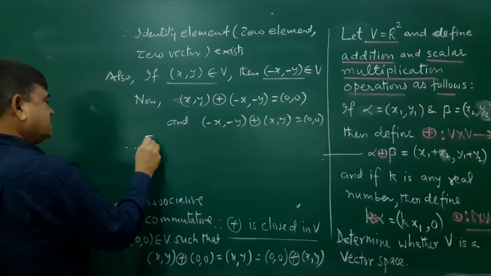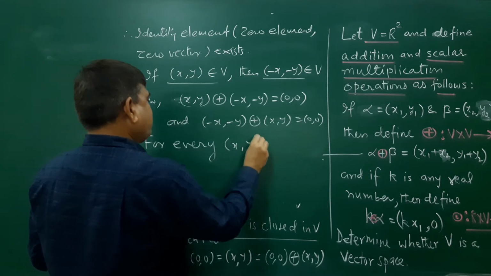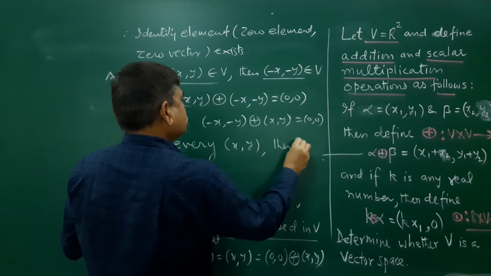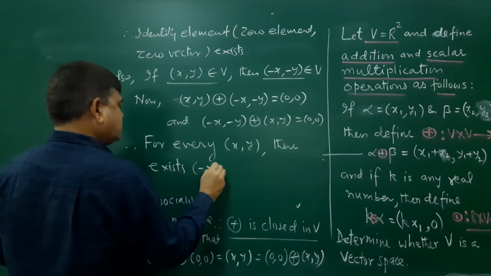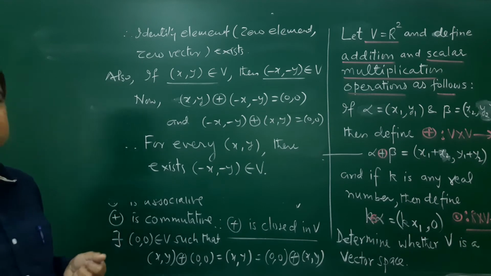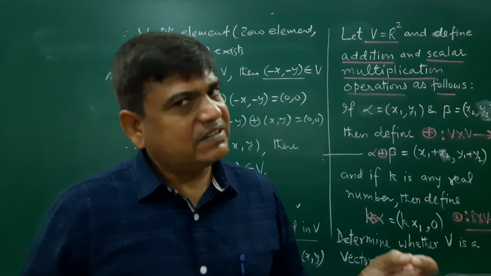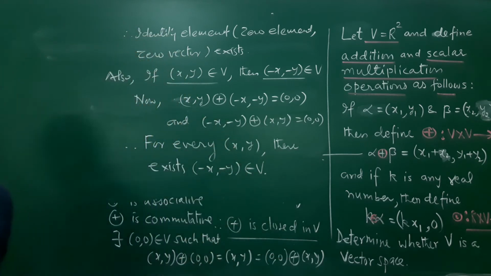Therefore, for every x comma y, there exists its inverse, that means additive inverse exists. So all 5 properties are satisfied here.